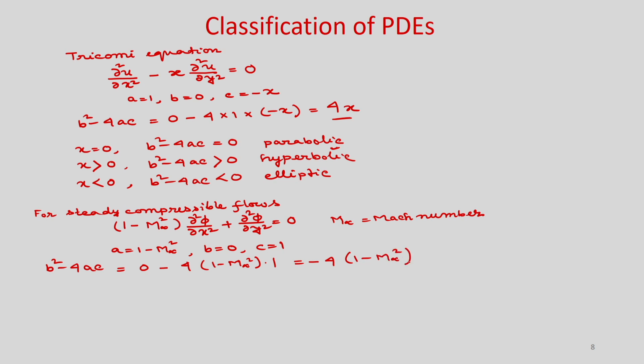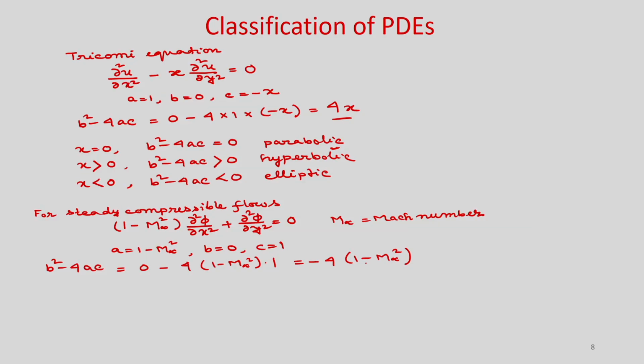So, you can see that b² minus 4ac, its sign depends on the value of M∞. Okay. So, if M∞ is 0, that means it is incompressible flow. Okay. Incompressible flows.